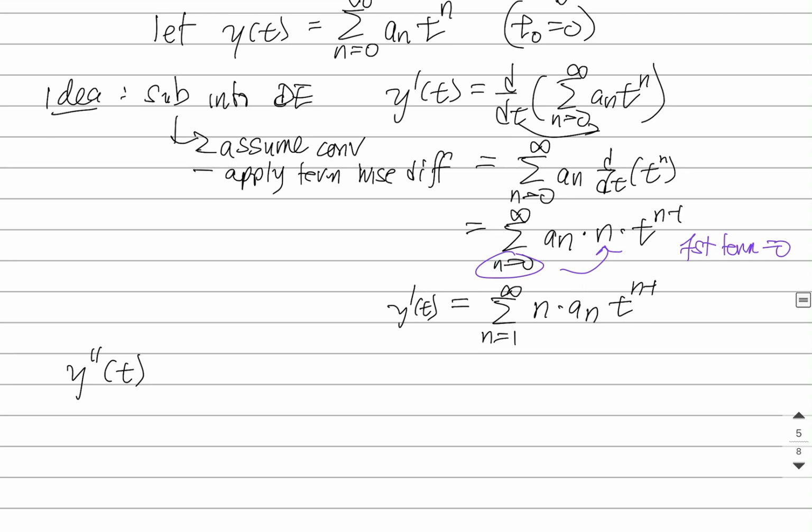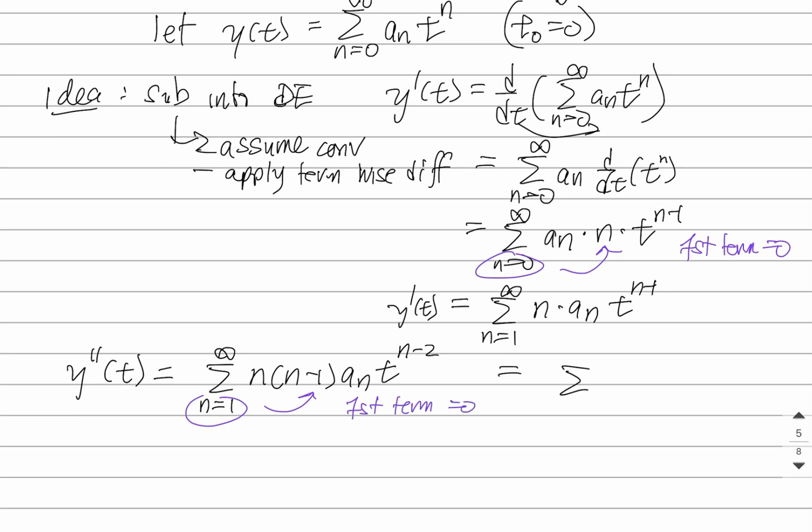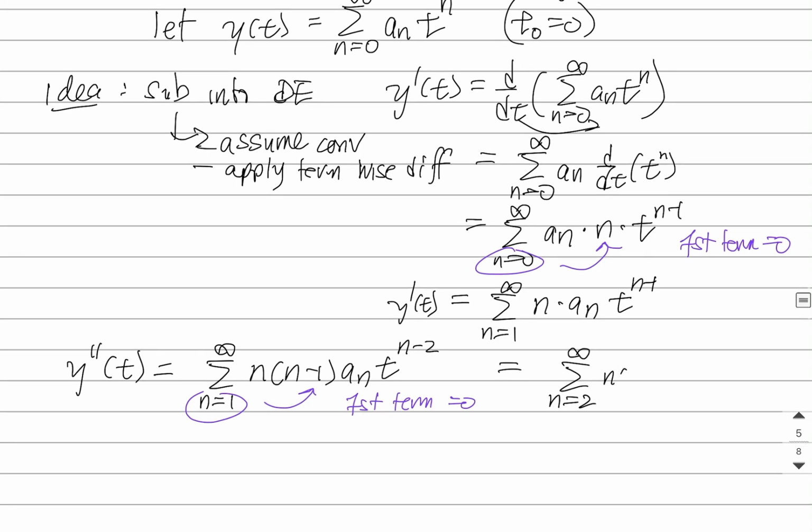Similarly, if we were to take the derivative again, we would find, starting at n equals 1, the sum of n minus 1 times n times a_n t^(n-2). Once again, because n equals 1, the first term here will be 0. So we rewrite the starting index and start it at 2, and we'll have this expression for the second derivative.